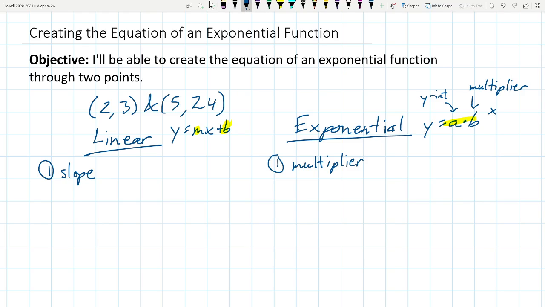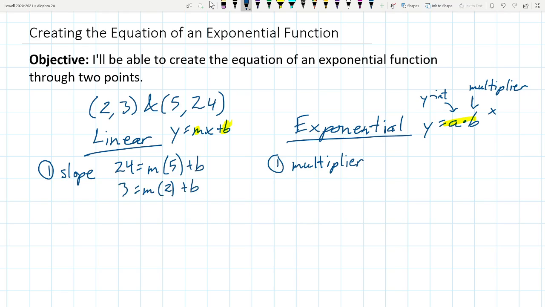The way I'm going to set this up for the linear function is to plug in these 2 points and create 2 equations. So I'll plug in (5, 24) and write it like this: 24 equals m times 5 plus b, and 3 equals m times 2 plus b.